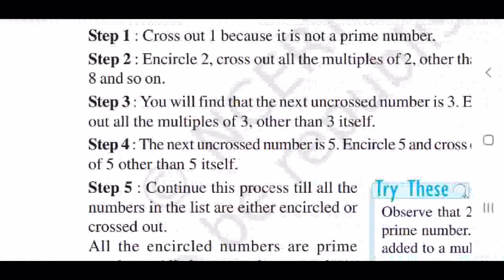Cross out the multiples of 2 other than 2: 4, 6, 8 and so on. Okay. Step 3, you will find the next uncrossed number is 3; circle it and cross out all multiples of 3 other than 3 itself. Similarly, next uncrossed number 5, circle 5, then cross out the multiples of 5 and you continue.